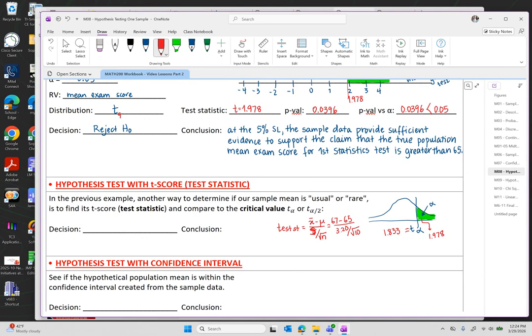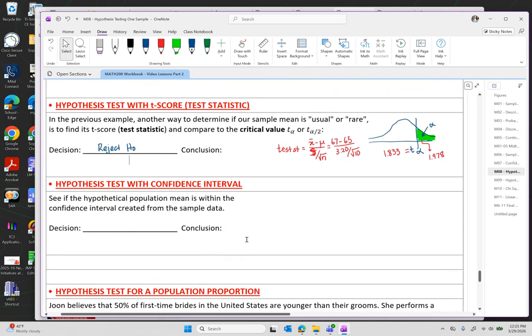So again, my test statistic ends up being in the critical region. That indicates that the sample data are unusual if the theoretical distribution were true, and therefore the decision is to reject the null hypothesis. The conclusion is still the same. At the 5% significance level, the sample data provides sufficient evidence to support the claim that the true population mean exam score for the first statistics test is greater than 65.